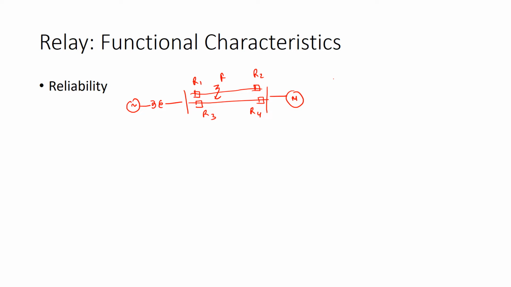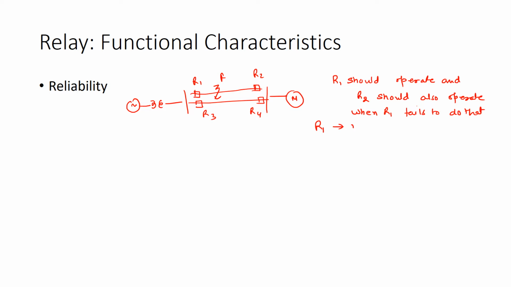So what I want is that R1 should operate, and R2 should also operate when R1 fails to do that. By R1 I am providing main protection, and by R2 I will be providing backup protection.